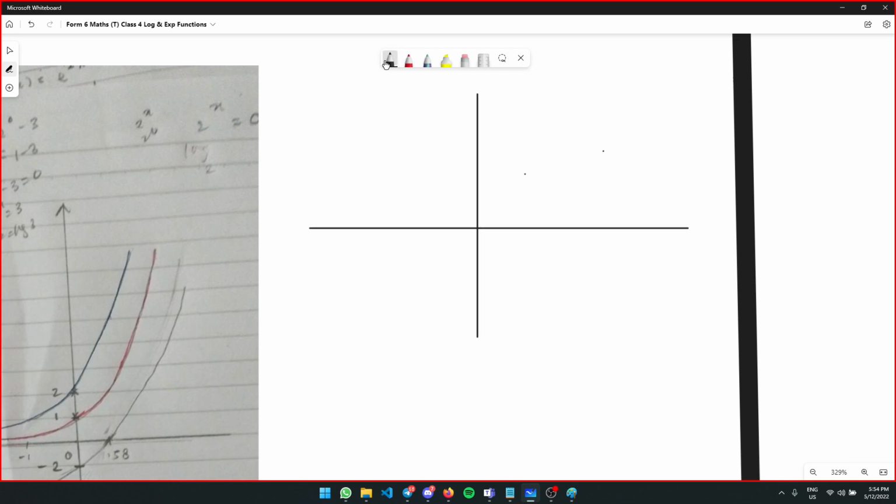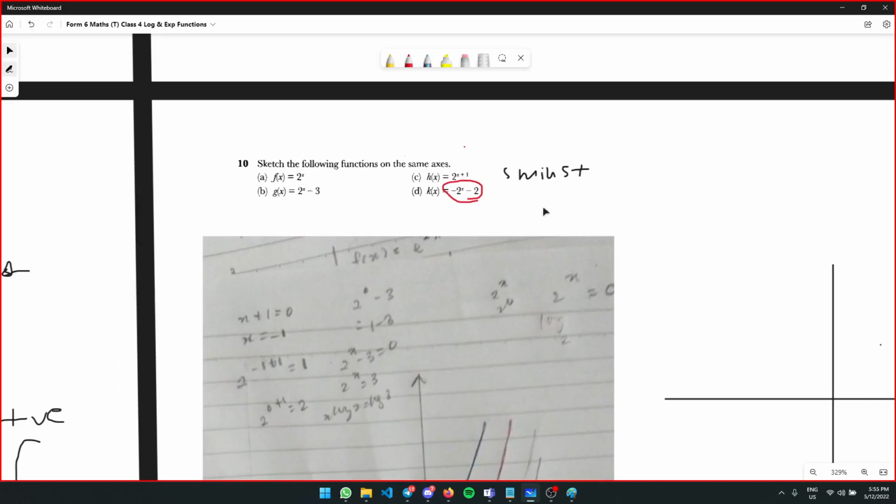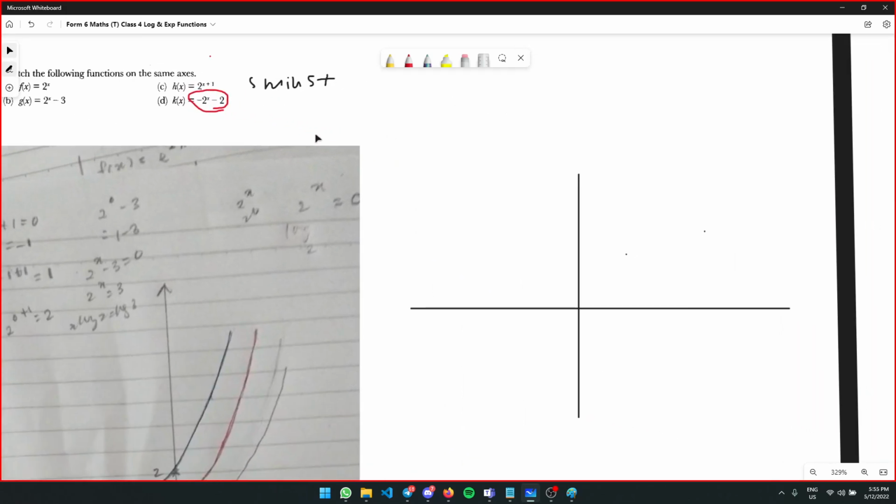So for the first one, negative 2x, is it? Or just 2x, yeah, just 2x. So it will be something like this. I use a yellow color. This will be just 2x. Second one, 2x minus 3. So 2x minus 3 will look exactly like 2x, it will just be down here.